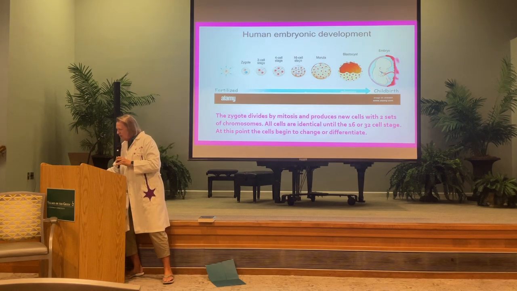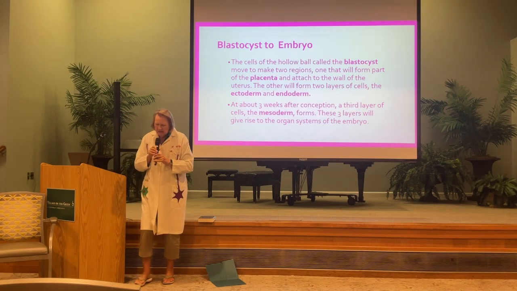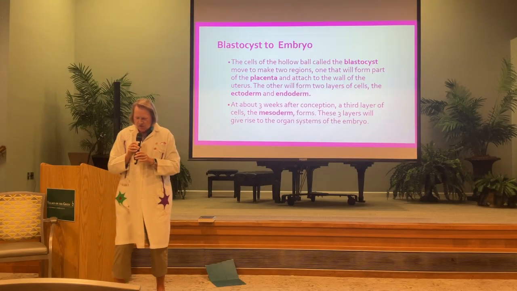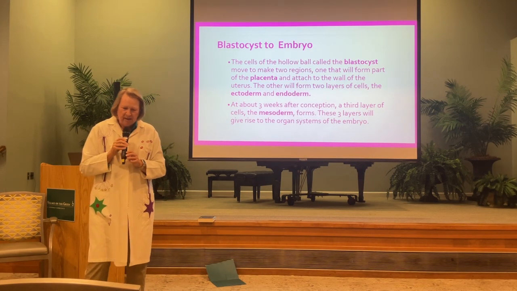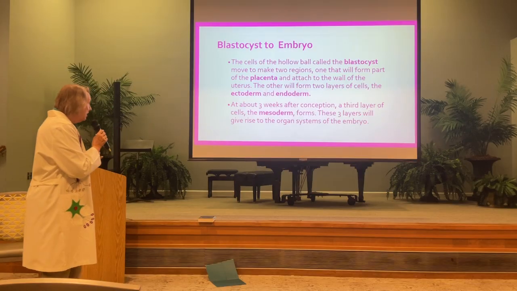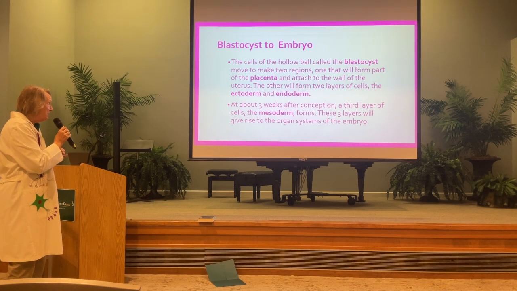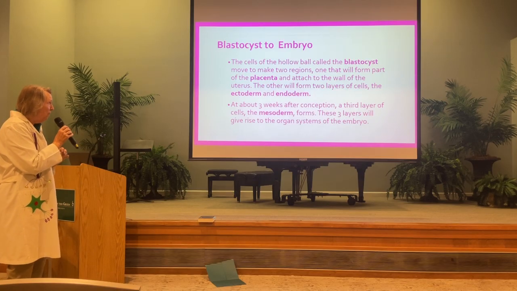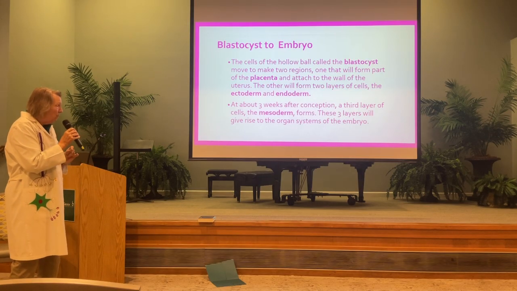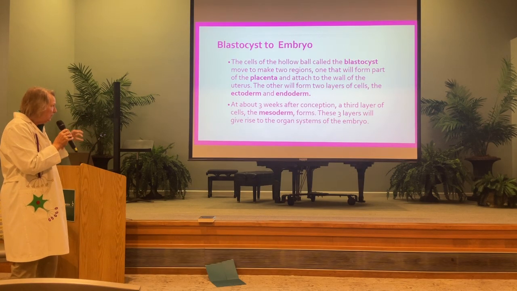Okay, so moving on. It would take us 2 or 3 days to describe all of embryology, and I'm not going to do that, but I will tell you that from this hollow ball of cells, this blastocyst, these cells move apart from each other, and one little section divides differently from the others.